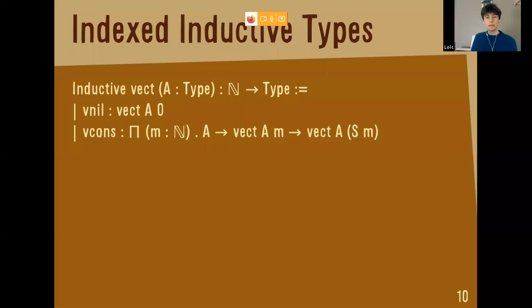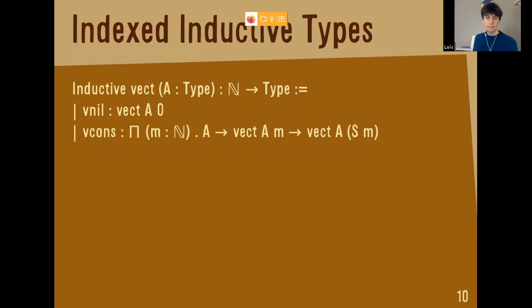Let's see how it works on a slightly more complicated indexed inductive type, which is here the type of vectors, or lists indexed by a size. The traditional definition of the type of vectors will have one parameter that is the type of the elements of the vector, and one index that is an integer, and has two constructors.